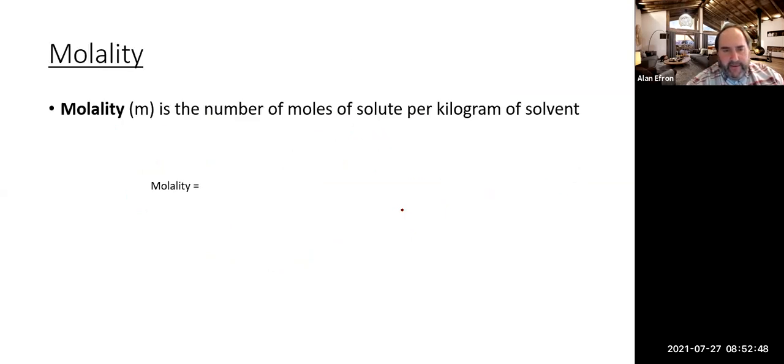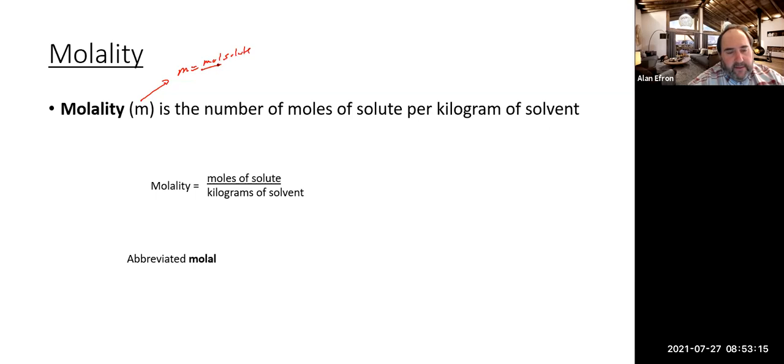Another concentration unit that we, I believe, talked about as well is molality. Again, a reminder that molality is different than molarity. So molality is lowercase m, and it is equal to, as we see on the bottom there, moles of solute over kilograms of solvent.